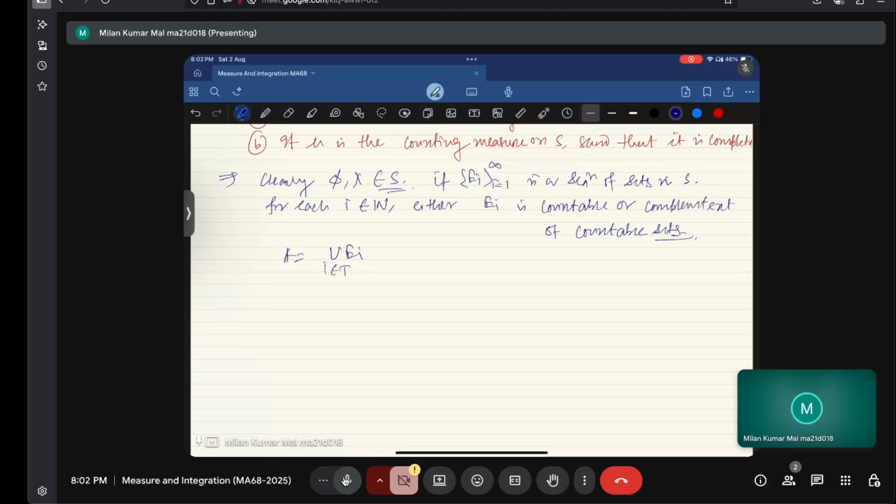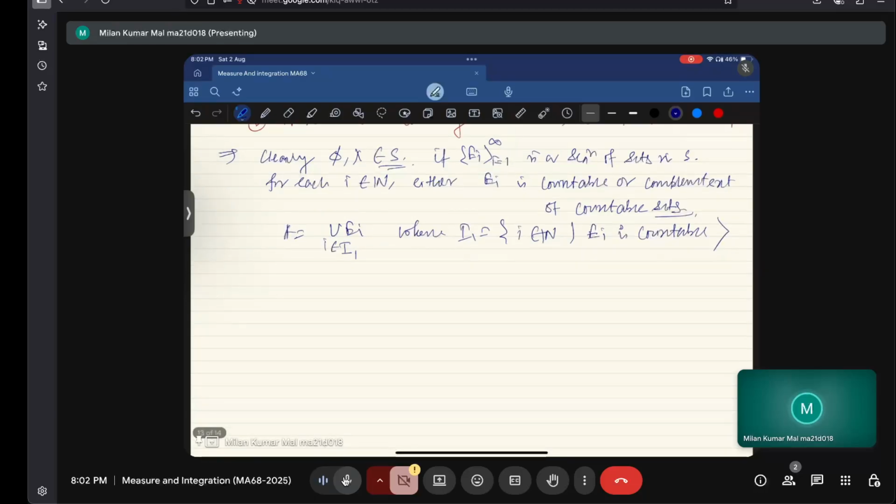So let's take A equal to the union of E_i over i in some indexing set I1, where I1 is all those i in the natural numbers such that E_i is countable.